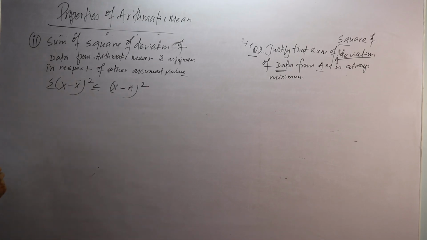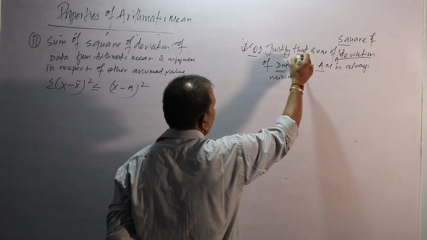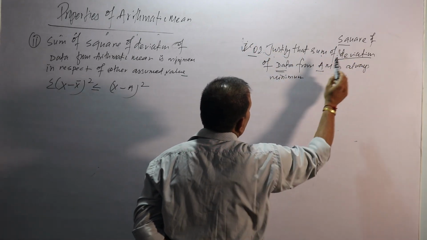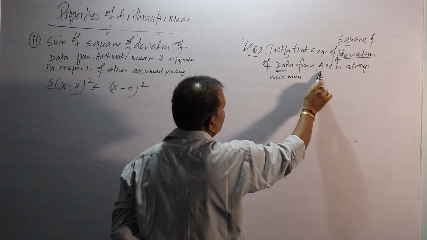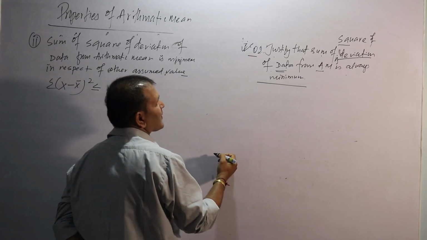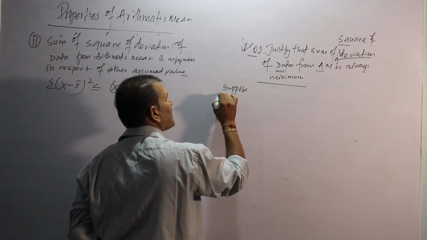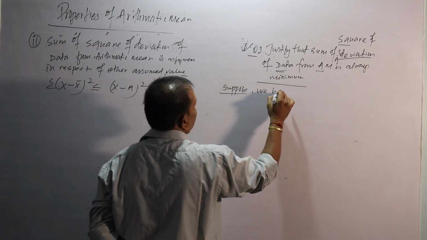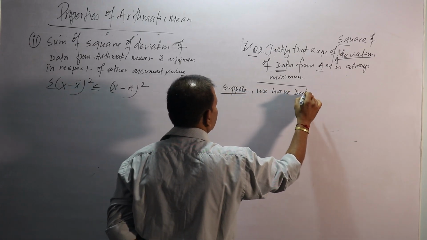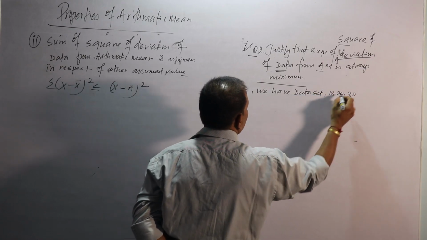So to justify this property of the arithmetic mean, we have to take an example. For example, the question asks to justify that the sum of squares of deviation of data from arithmetic mean is always minimum. So for the justification, we have to take an example. Suppose we have a data set 10, 20 and 30.